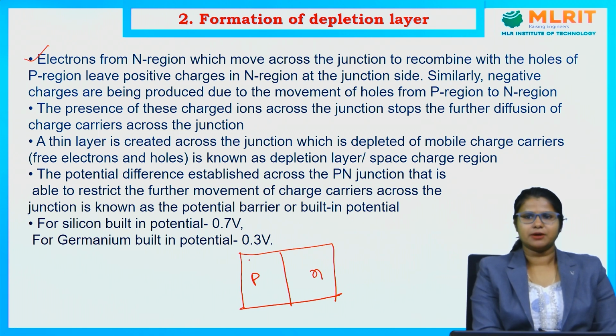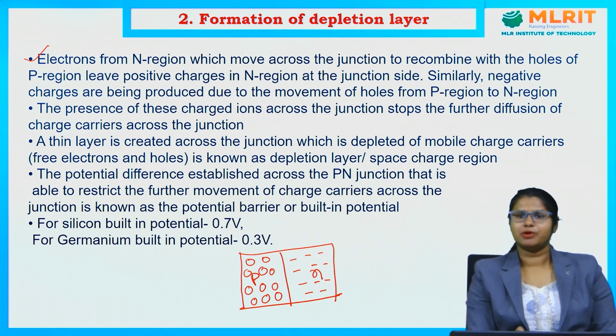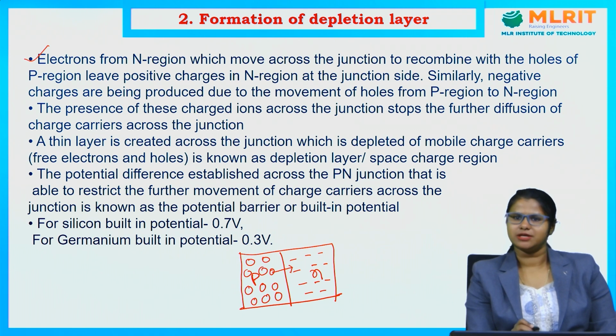In P-type, holes are the majority charge carriers, and in N-type, electrons are the majority charge carriers. When we connect them, holes from the P side will be attracted towards the electrons on the N side.